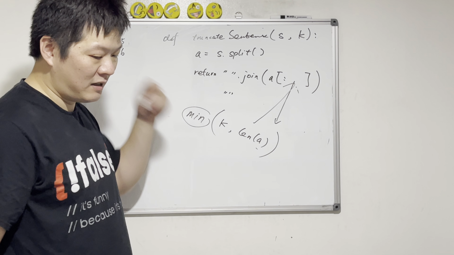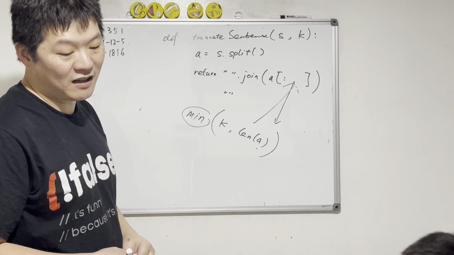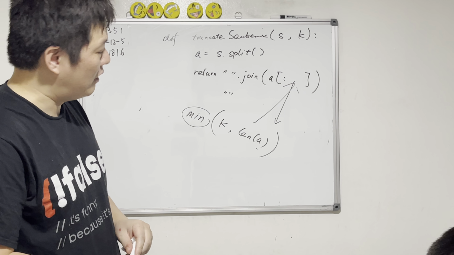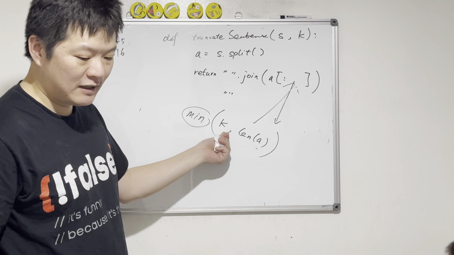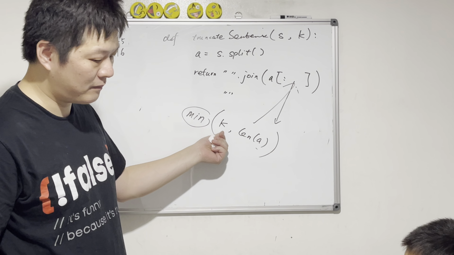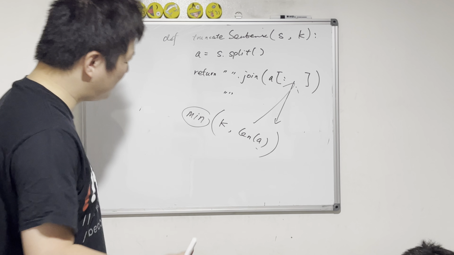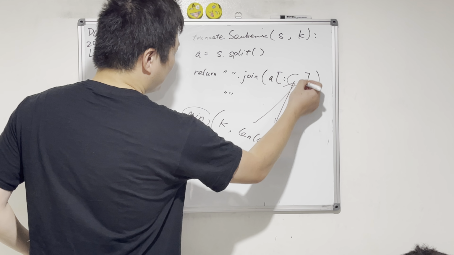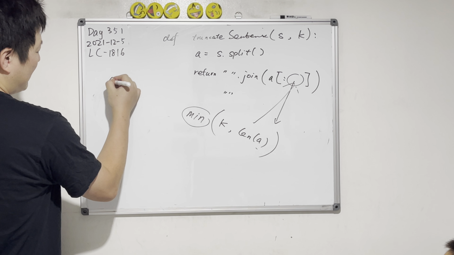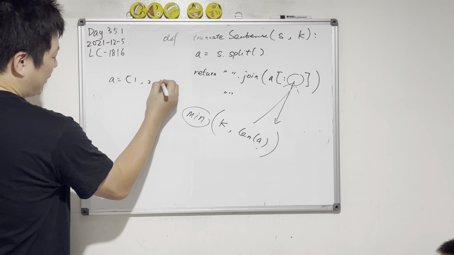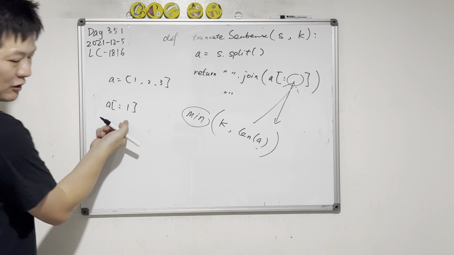Okay, so how about K is negative? This is going to break, okay? Why is that? Because if K is negative, it doesn't make sense. If K is minus 10, minus 1, doesn't make sense. Actually, it might, but might not. Look, A equals 1, 2, 3. Remember A up to 1? What's it going to return?